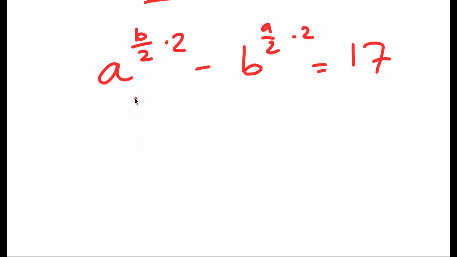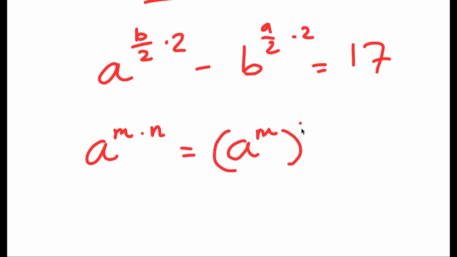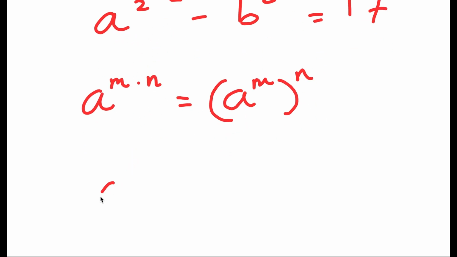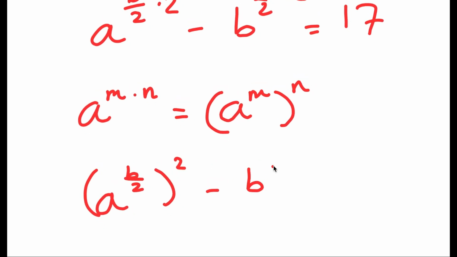Now I'm going to use the property a to the power of m times n is equal to a to the power of m to the power of n. So this turns into a to the power of b over 2 to the power of 2. Now I have this minus b to the power of a over 2 to the power of 2.